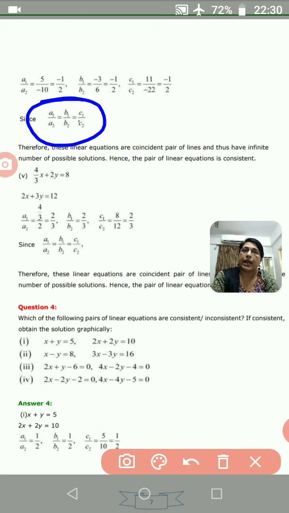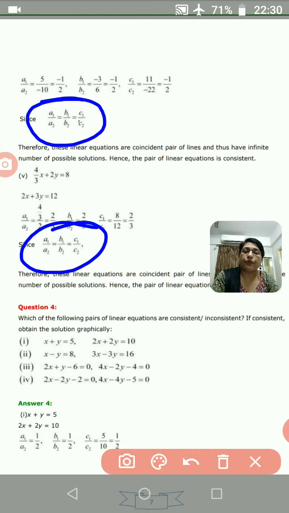Therefore, we can say they are coincident lines with infinitely many solutions, and therefore they are consistent. Fifth question, again the same, so we will write the same answer as the fourth question.